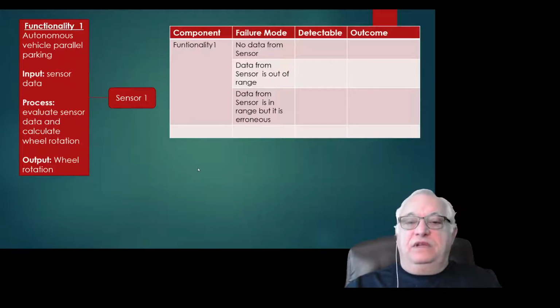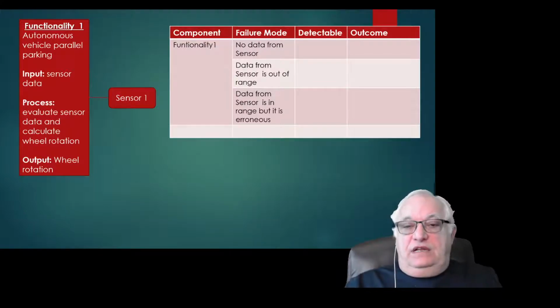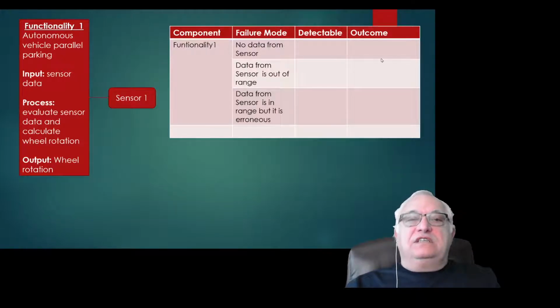Okay, so the first step in our analysis is going to be to create a hazard analysis. A hazard analysis is an analysis that you make to figure out how much damage your software can do if it misbehaves. The hazard analysis is a matrix where the headings at the top are the component name, failure modes (how the thing can fail), whether or not it's detectable, and the outcome.